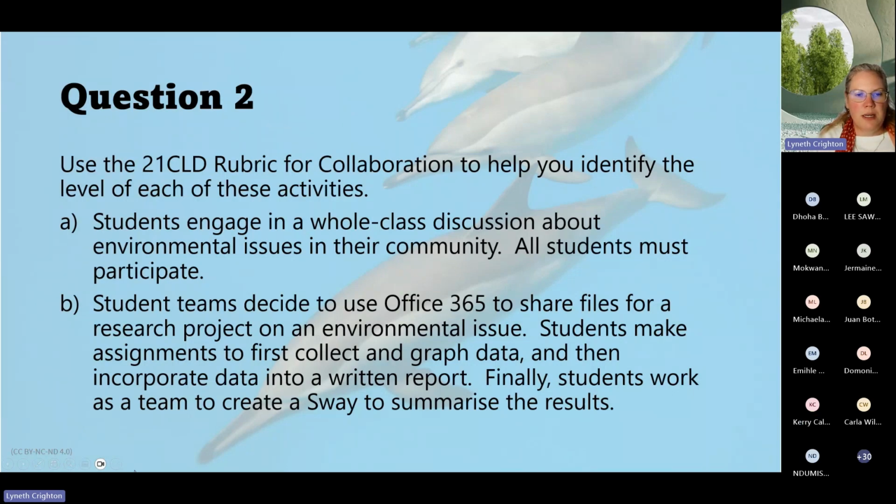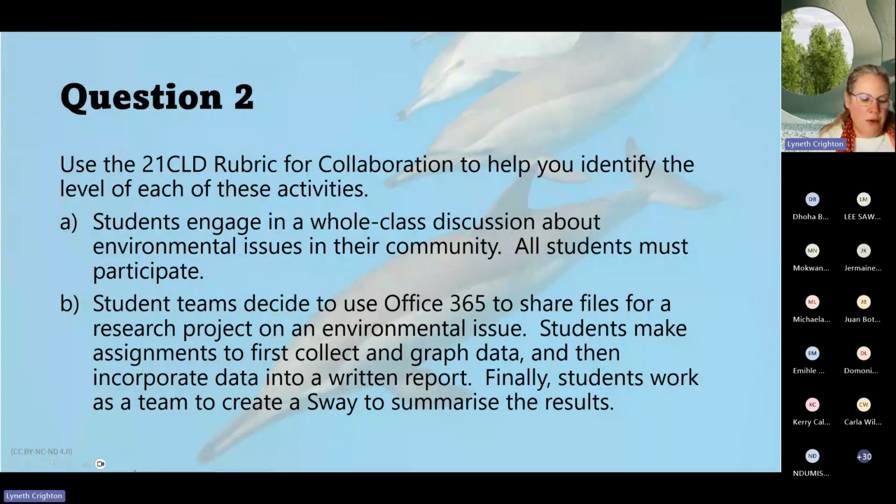The second one is a little bit more complicated, where it asks you, so the students decide to use Office 365 to share files for a research project on an environmental issue. They make assignments to collect the data, and they graph it, and then they incorporate the data into a written report. Finally, they work as a team to create a Sway to summarize the results.